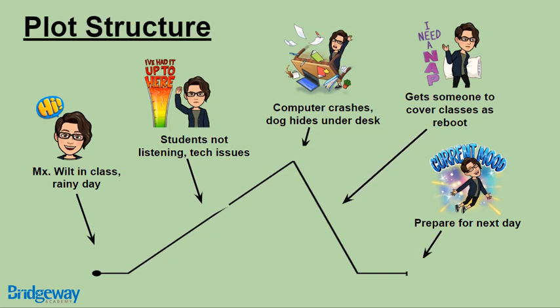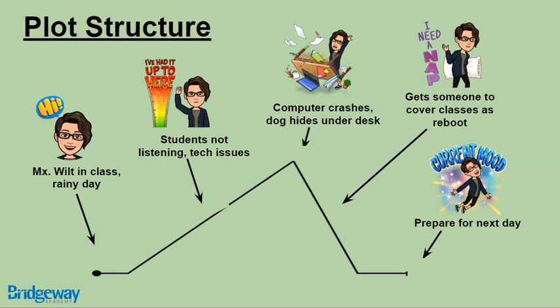Everyone around me, including my dog, is upset, not really wanting to do English class today. All right, and that's our tippy point, our climax: Miss Wilt flipping the desk. We don't know if she's even going to be able to get back on to teach her classes online, or if her dog's going to be okay, or is the weather and everything going wrong just going to consume our poor Bitmoji teacher and she's going to be done, right?